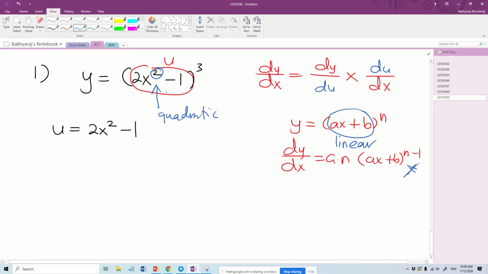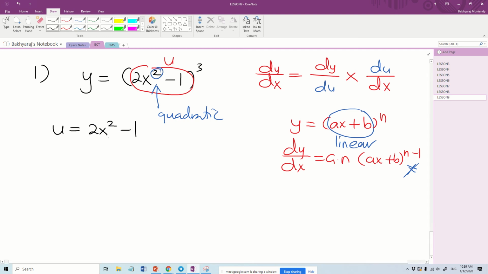How to do it? You need to substitute u equals 2x squared minus 1. Now what is your y?